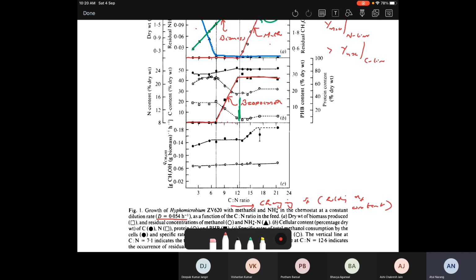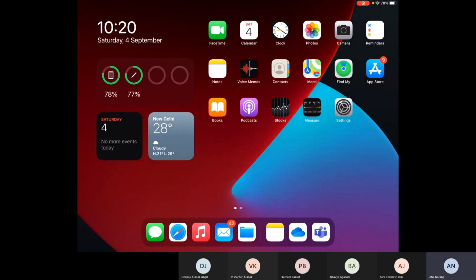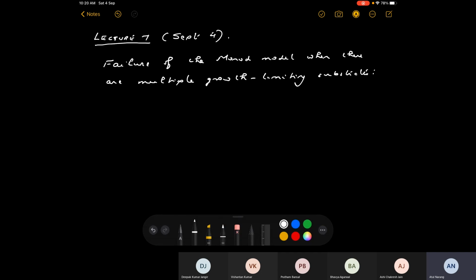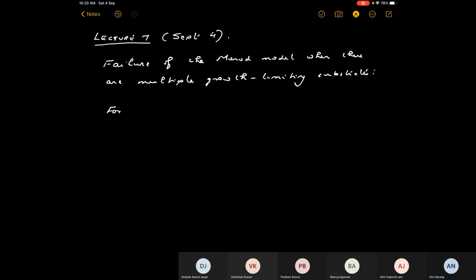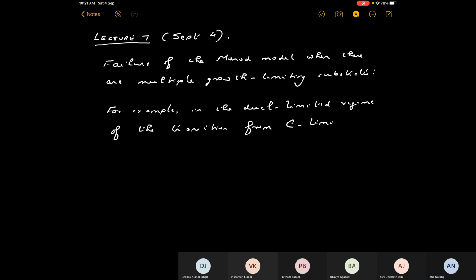So with that basic motivation, I will just come back to it. I explained everything, so I will just recount it. For example, in the dual limited regime of the transition from C limited to N limited growth, YNX increases, right?